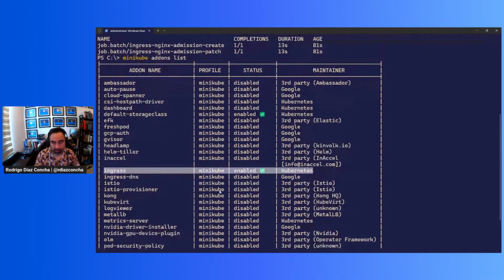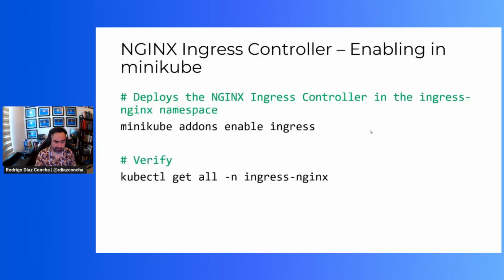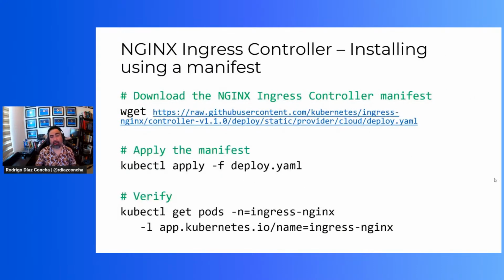So that's one way. And of course, this is because I'm using Minikube, and there are other ways for installing the Nginx Ingress controller. Okay, one way is to download the manifest file and then deploy that manifest file and then verify with the same technique that I just showed you.